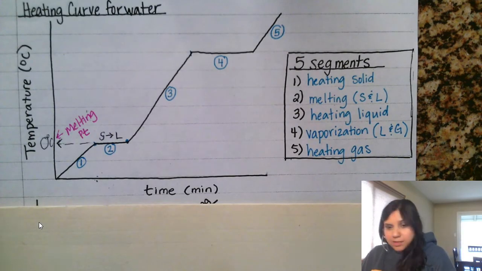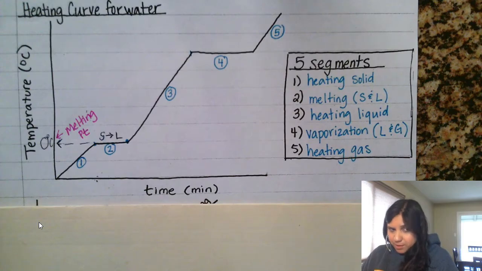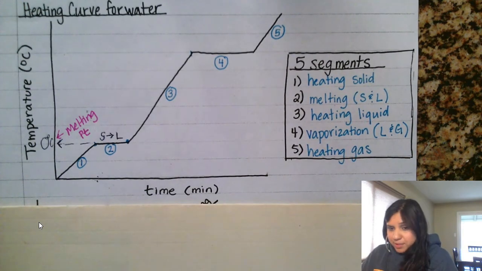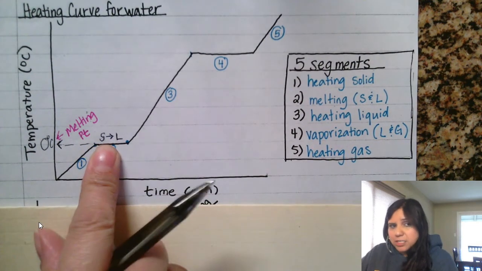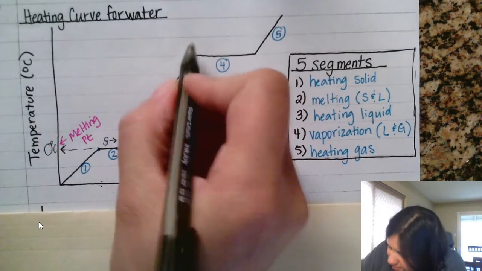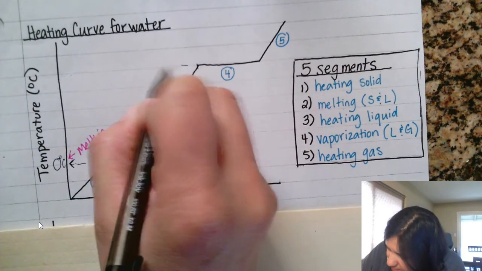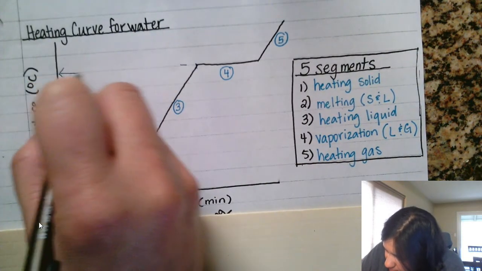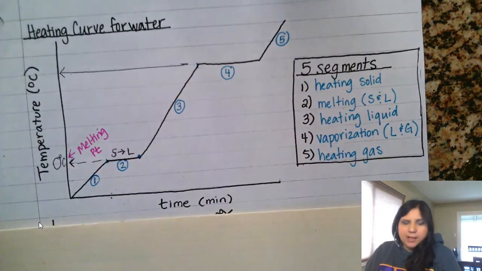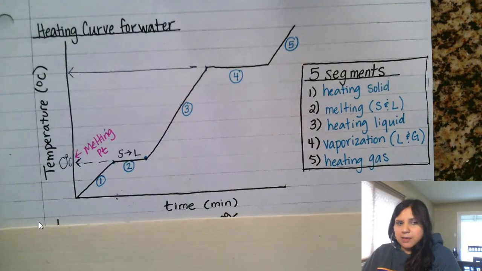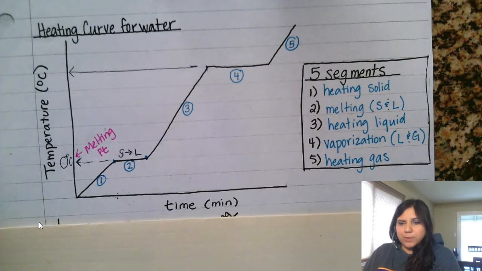Next, there's also a boiling point, and the boiling point occurs at the next flat line. So at my flat lines, I have phase changes. And if I were to take this graph and read over here, okay, I would find the boiling point.